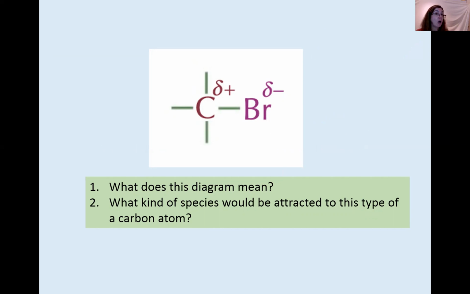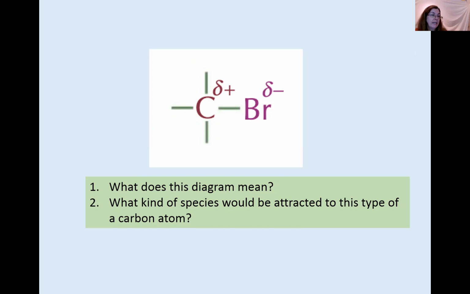So we're looking at the carbon atom. It's the carbon atoms that make and break bonds. So what does that diagram mean? In your head, rehearse that. And what species are attracted to the carbon atom? Again, in your head, rehearse that.